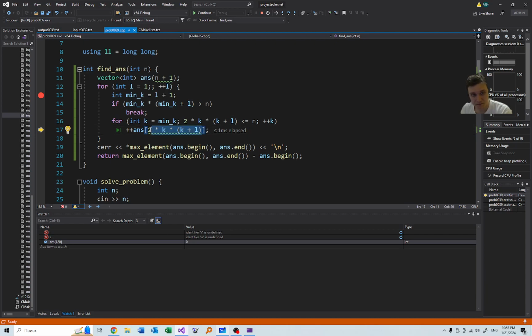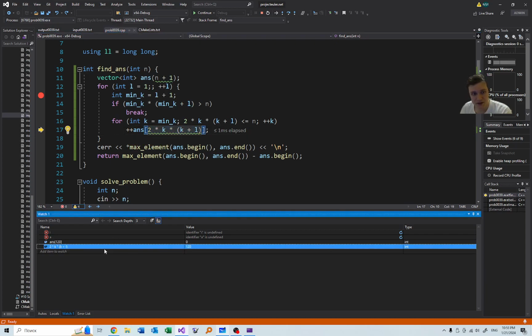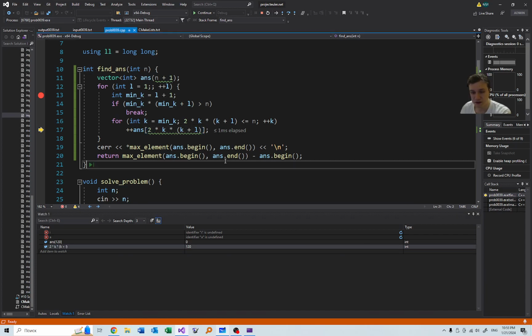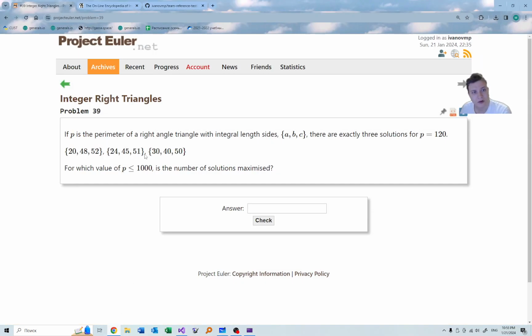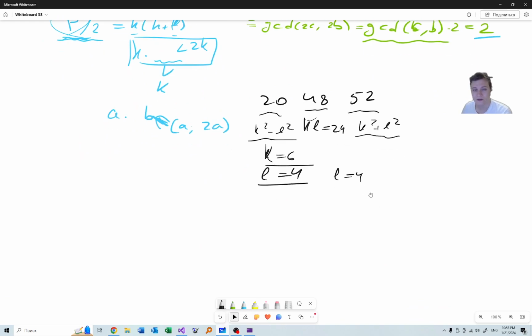Because this number is 120. Now it's 1. Yes, however, there are 2 more answers. Let's look at them actually. For example, 24, 45, 51. So here, clearly, these are the interesting numbers.